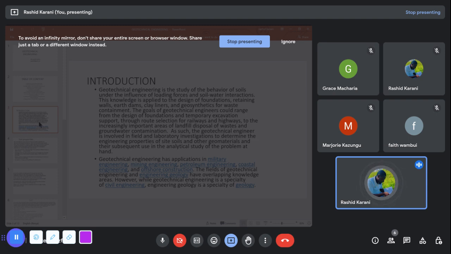A geotechnical engineer is involved in field and laboratory investigation so as to determine the engineering properties of the site soils and other geomaterials and their subsequent use in the analytical study of the problem at hand. So the engineer first investigates the soil properties so that they can know the kind of structure to put at certain locations.